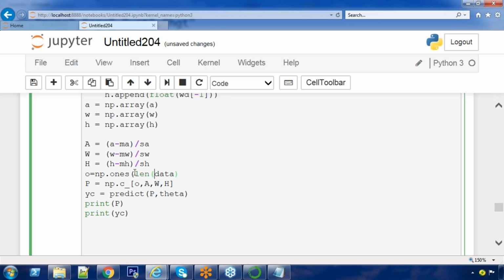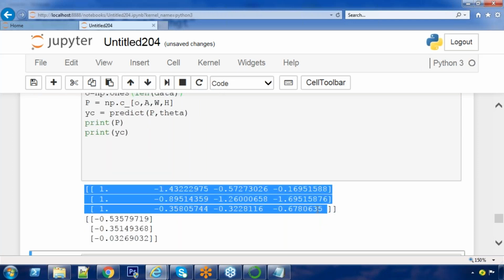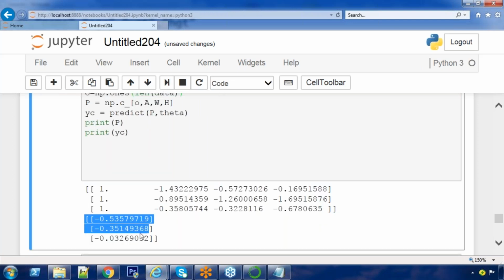Len of data I have given. Len of data means 3 elements, right? So for these scaled inputs, the predictions will also be scaled predictions.